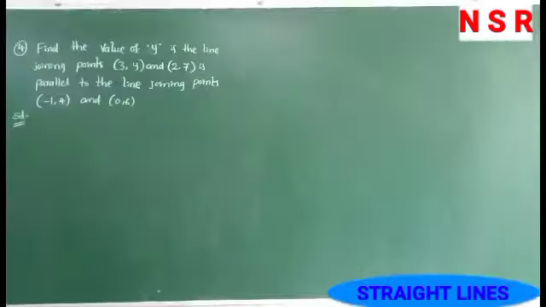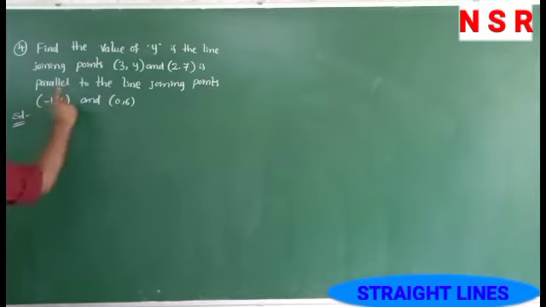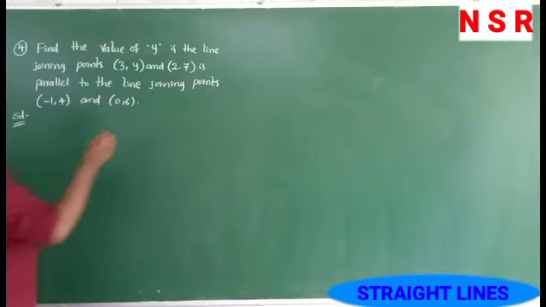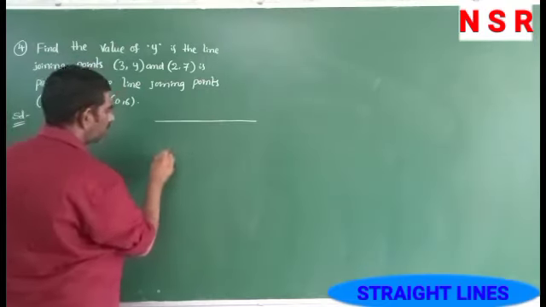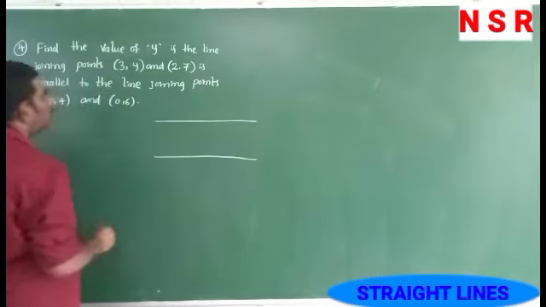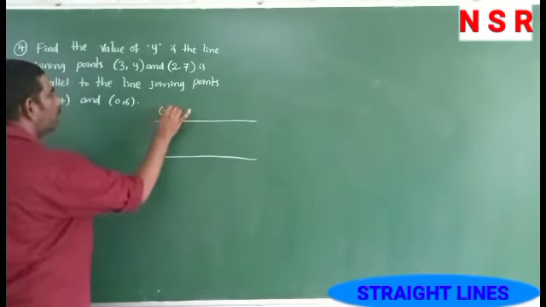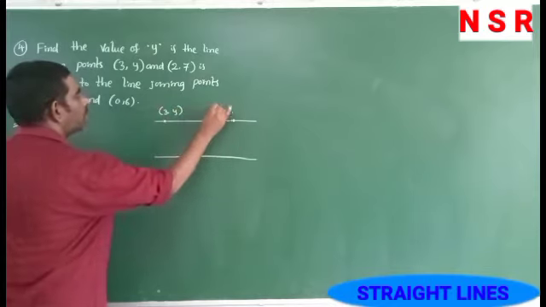Next, question number 4. Find the value of y if the line joining points (3, y) and (2, 7) is parallel to the line joining points (-1, 4) and (0, 6). So here 2 lines are given. One line joins points 3, y and 2, 7.